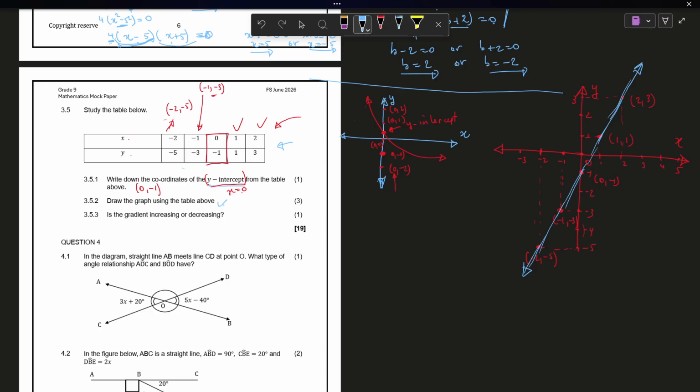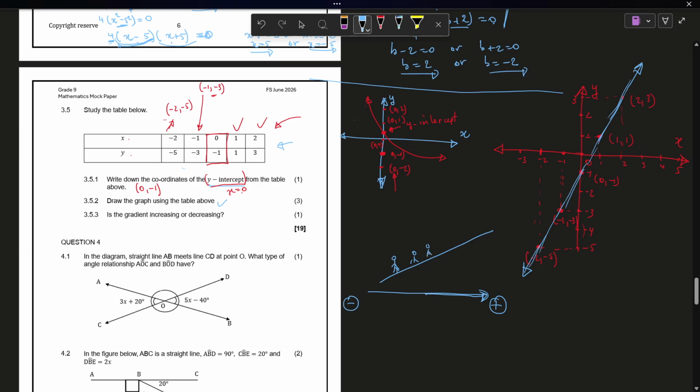Now the question, is the gradient increasing or decreasing? Well, we know when we've got a line, remember, how do I know if you increase or decrease? Remember when you've got a graph, the positive way is going in this direction. When you go this way, that's where you increase, positive. This way you decrease, so the negative. So numbers increase going in this direction. So if you see a line like this, it means you have to climb it.